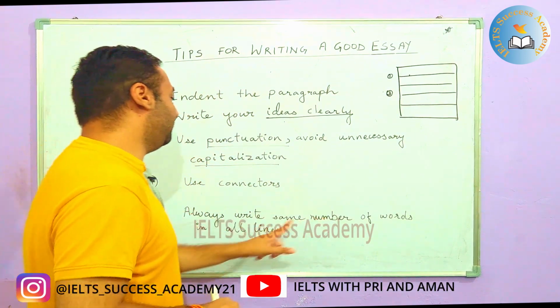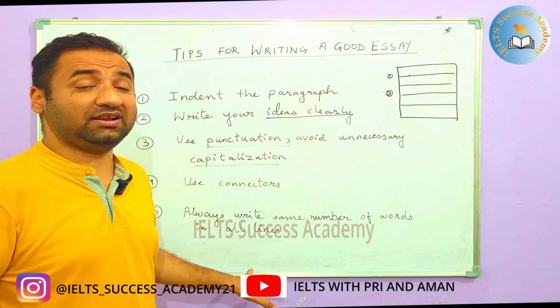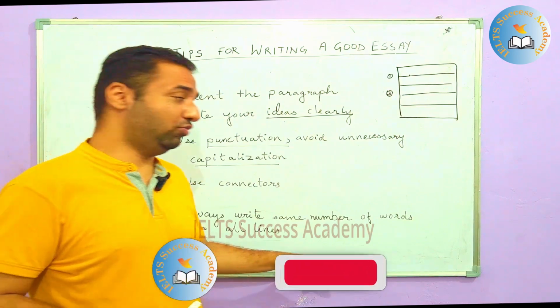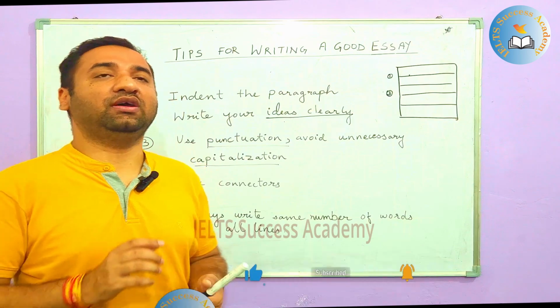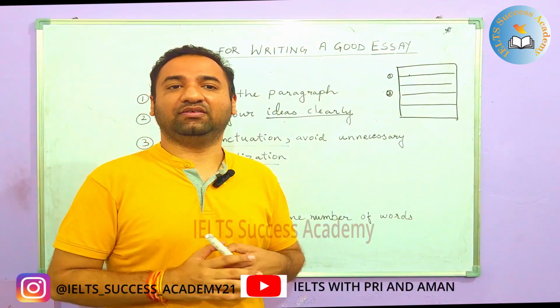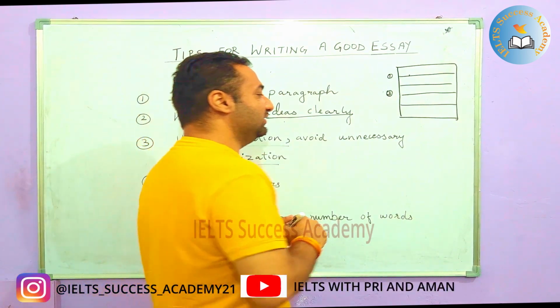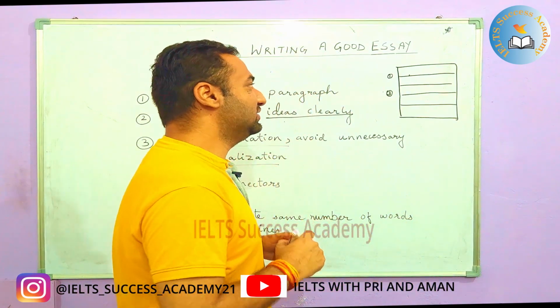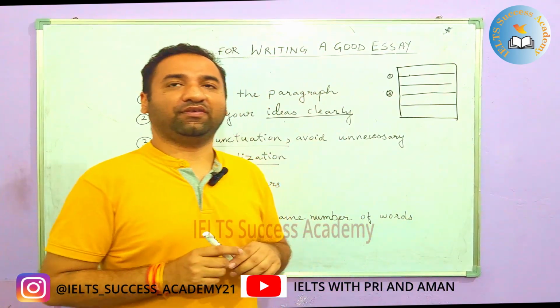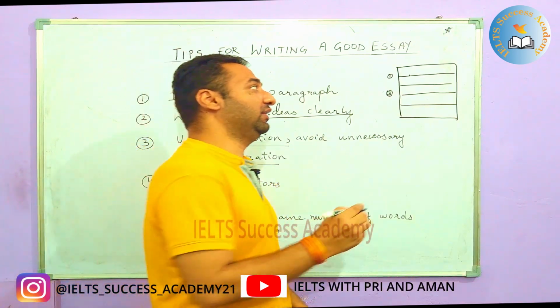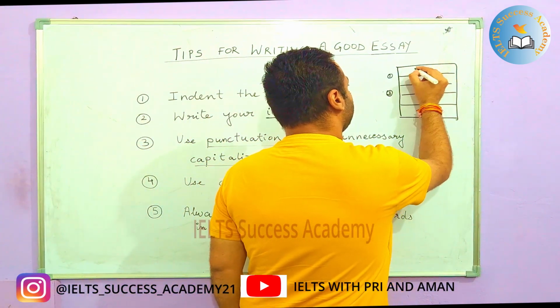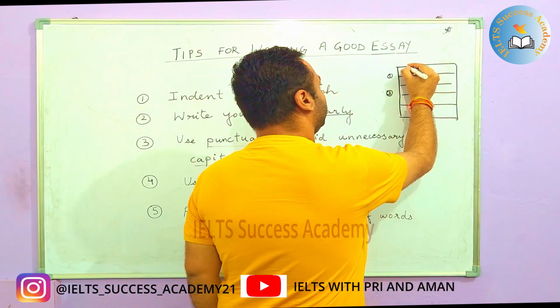Always write the same number of words in all lines. Now this is a tip for people who have bad writing, who do not write well. So what I often say to students is that in a page, write only 5 words in one line. Divide your page.